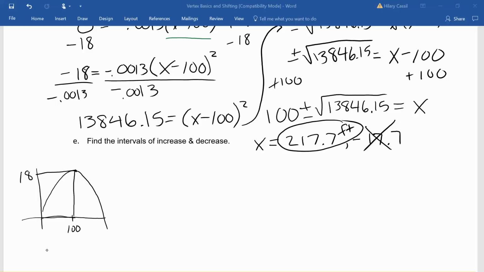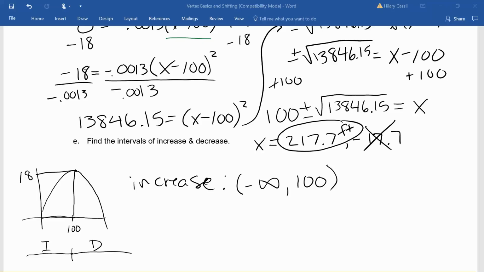So our function is increasing all the way up into an x value of 100, and after that point our function is decreasing. So our function is increasing all the way from an x value of negative infinity up to an x value of 100. And from 100 all the way to infinity, our function is decreasing.